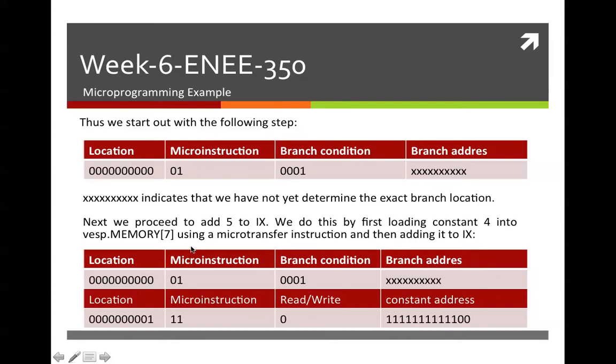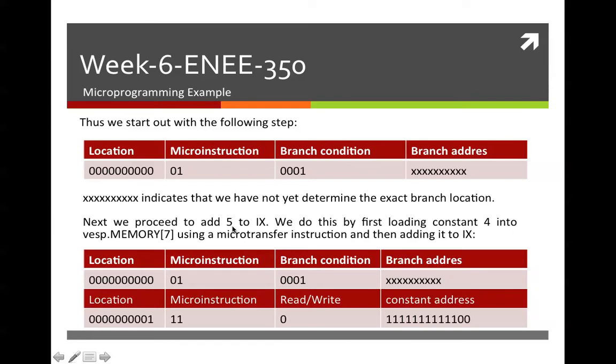Next, we proceed to add 5 to ix. That is to say, now that we have written the micro instruction to branch out to a place when a is equal to 0, underneath this we're going to now place all the micro instructions needed to actually accomplish the addition of 5 to ix.